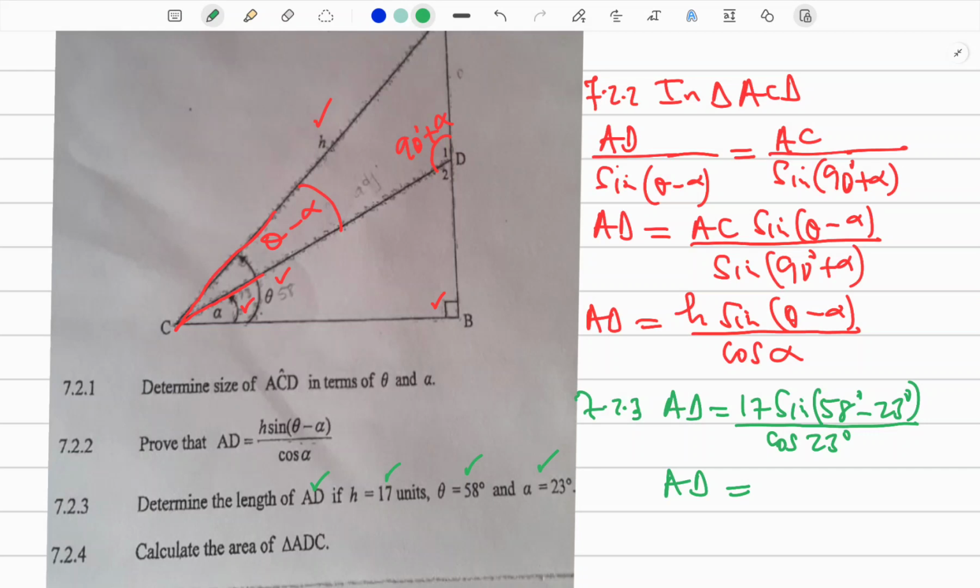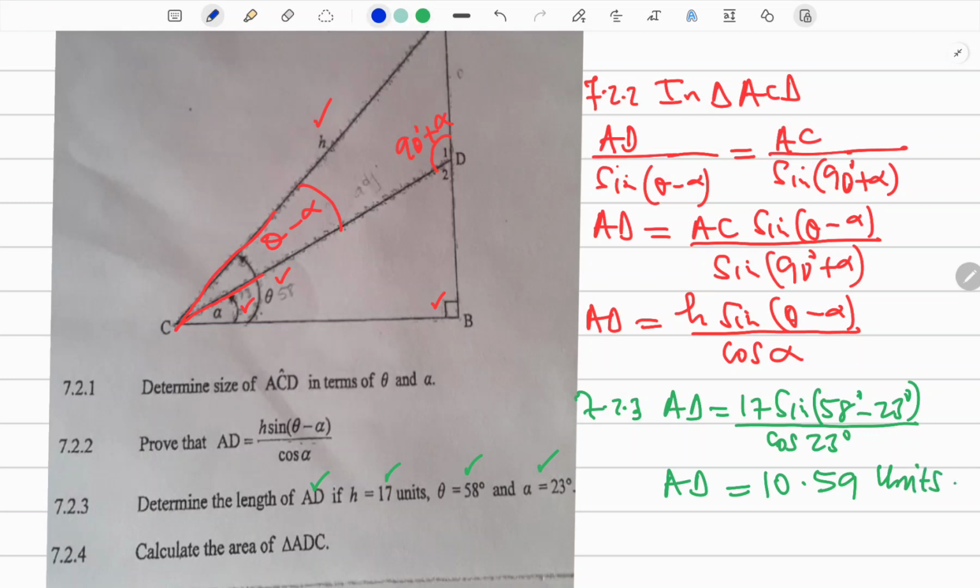So it is 17 times the sine of 58 minus 23 degrees, divided by the cosine of 23 degrees. And we are able to get the result, which is 10.59 units.